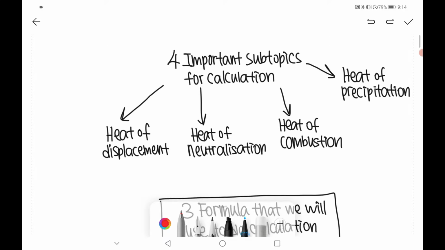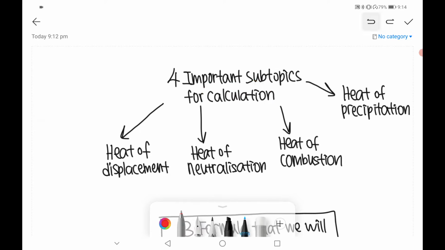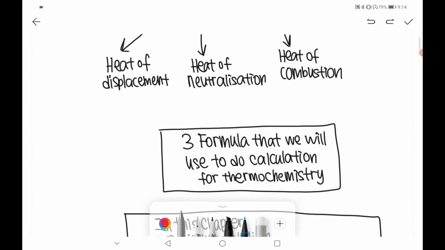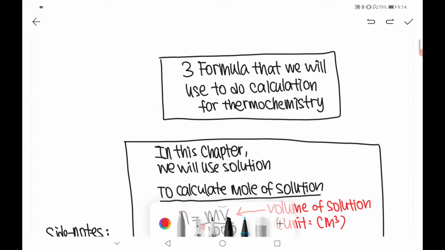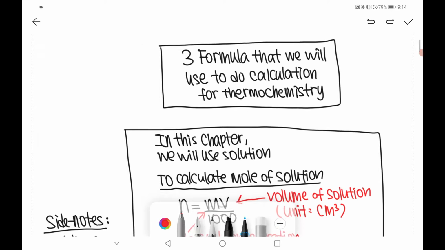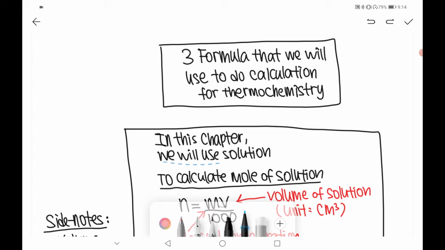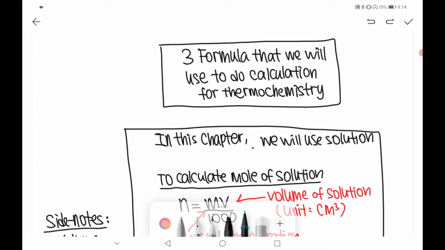Since we want to focus on calculation, you need to know that in this chapter, we have 3 formulas that we will always use to do calculation. The first thing you need to know is that in this chapter, we will use a lot of solutions.